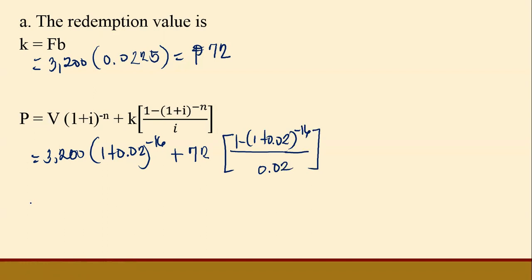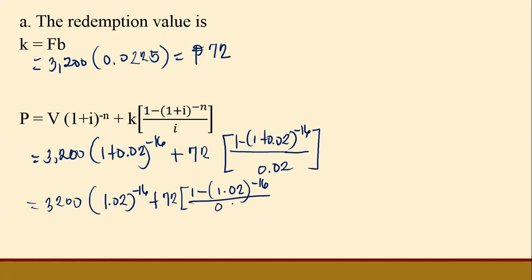Okay? So this is equal now to 3,200 times 1.02 raised to negative 16 plus 72 times 1 minus 1.02 raised to negative 16 over 0.02.